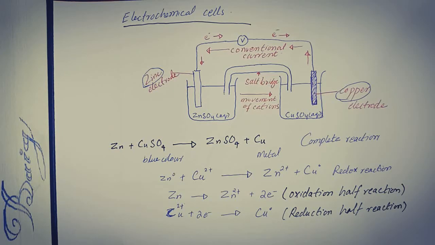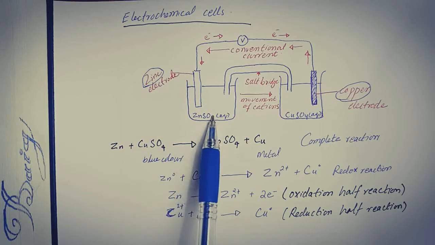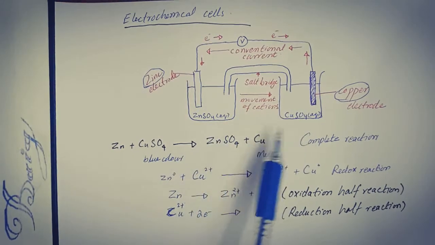So now let's discuss how we can make an electrochemical cell. For this purpose, arrange two solutions. Here we have the diagram.